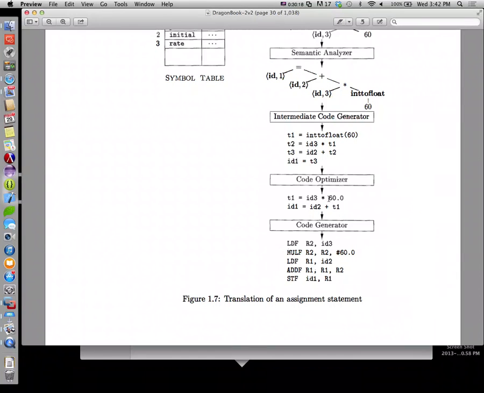That is times the int to float version of 60. So we've turned the first two steps into one step. ID1 is equal to ID2 plus T1. So just shorten the code a little bit.